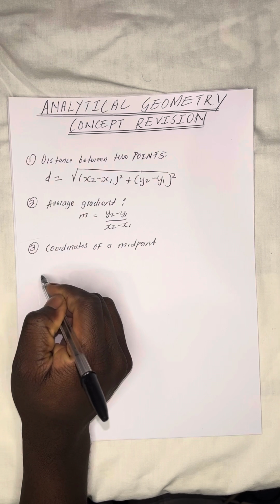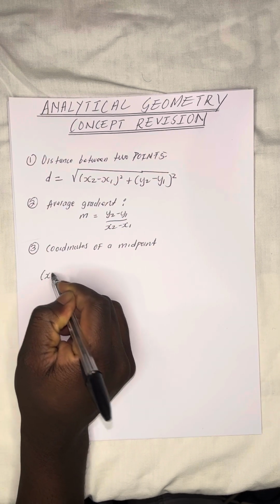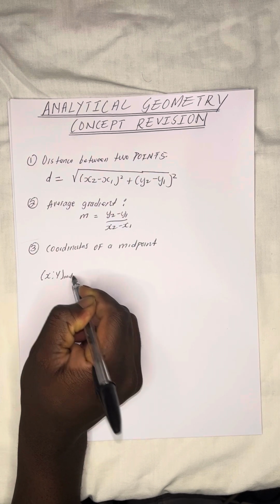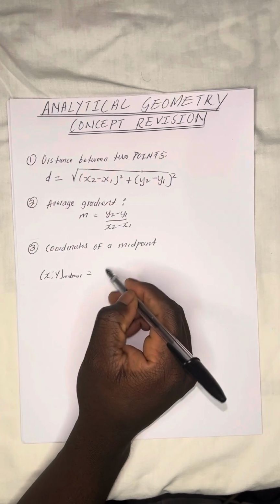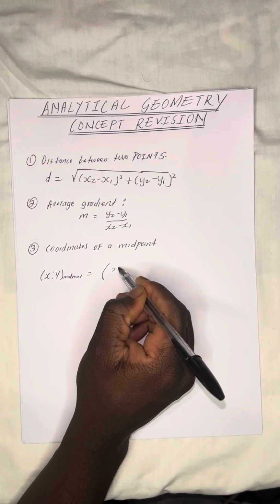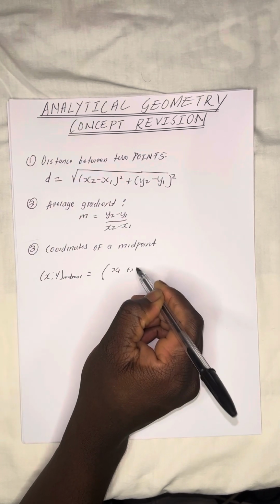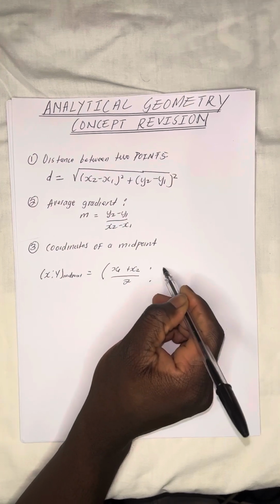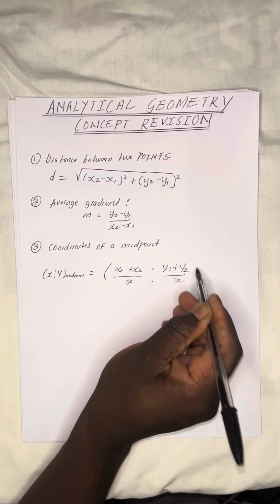So the coordinates of the midpoint would be equal to x1 plus x2 divided by 2, and y1 plus y2 all divided by 2.